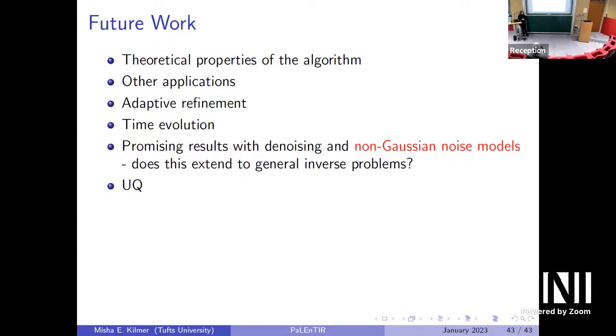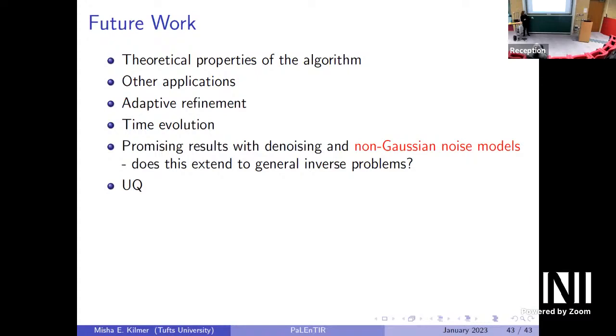We did a whole bunch of examples where we did just plain old denoising, and we weren't using Gaussian noise. And we could get qualitatively very good denoised results with this approach, even though our mismatch term was in a 2 norm. So we should look and see whether this is a good thing to use for more general inverse problems when there's non-Gaussian noise.